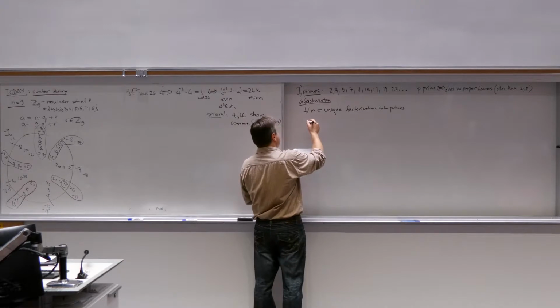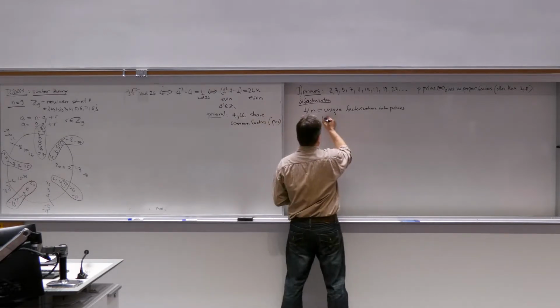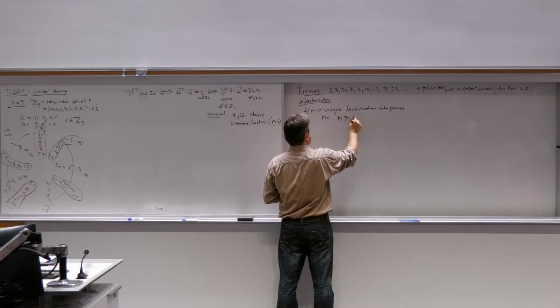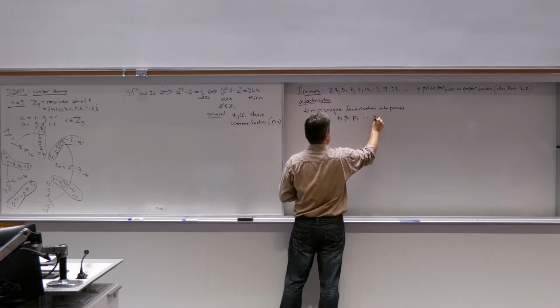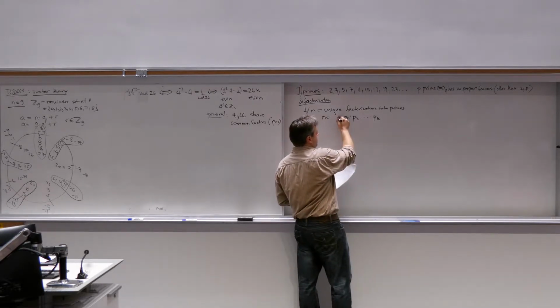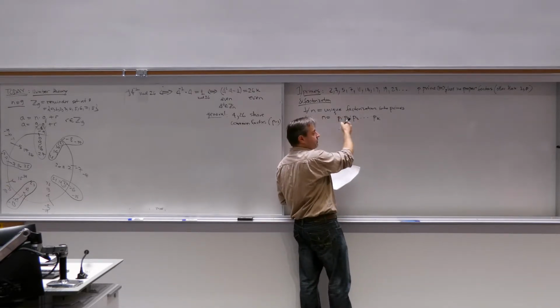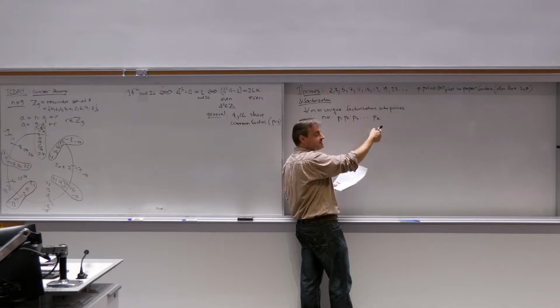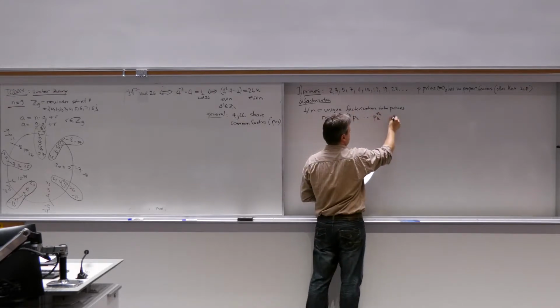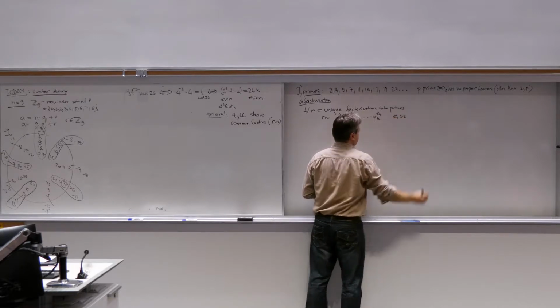So let's say I mean something like P1 times P2 times P3 times some Pk. But if a prime repeats itself, we don't write it 2 or 3 times. We write it with an exponent. So all these exponents have to be at least 1.